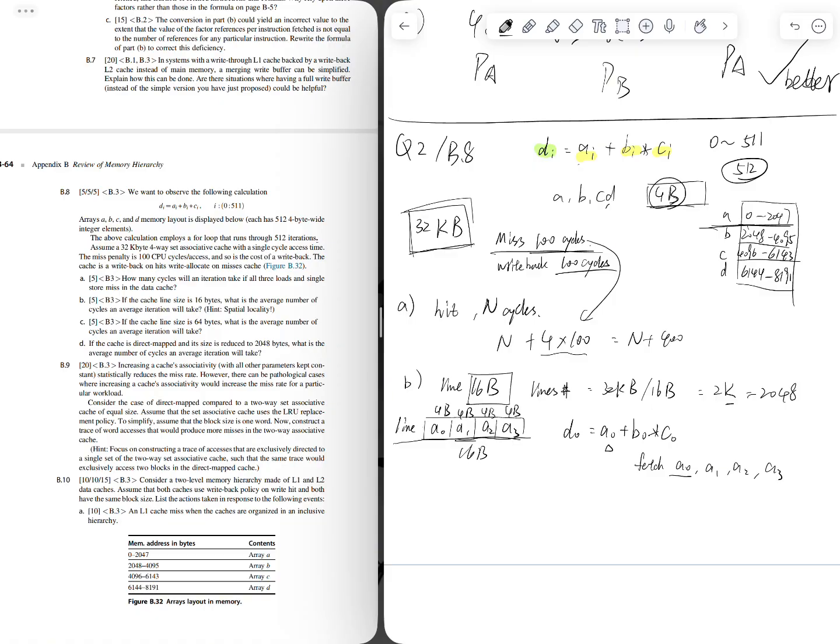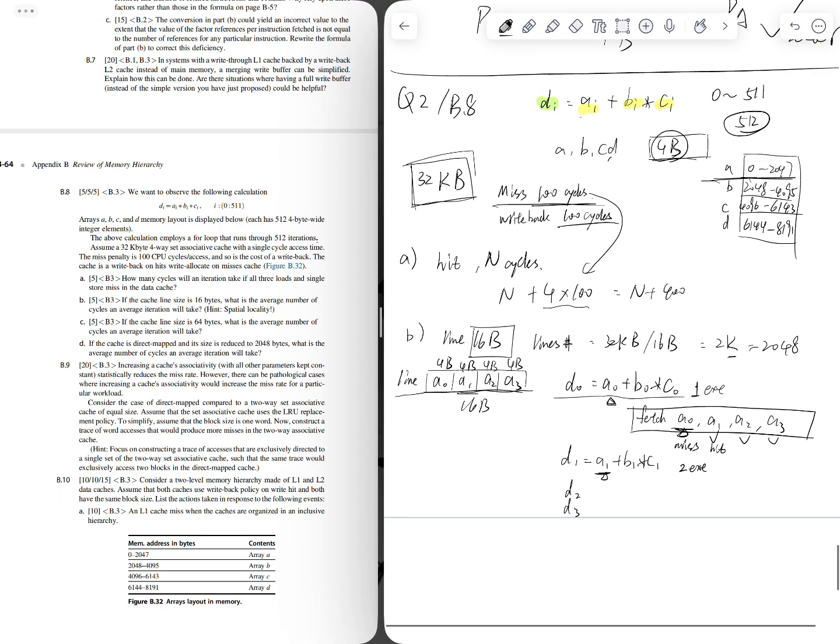Although A0 is a miss, in the second execution, A1 is already fetched, so it's a hit, and so are A2 and A3.